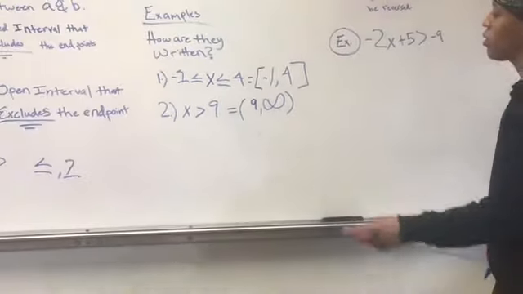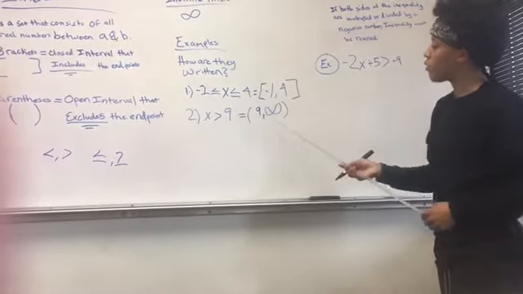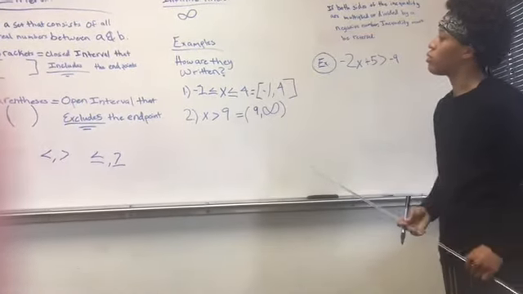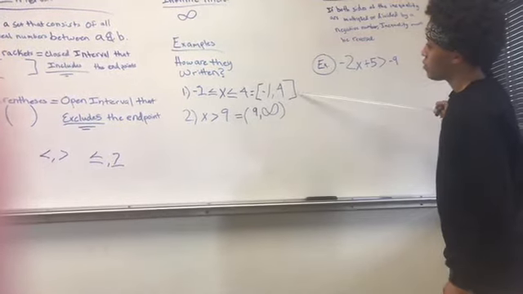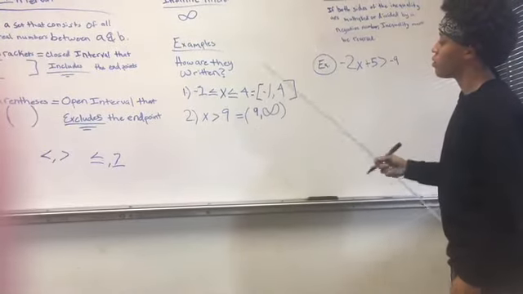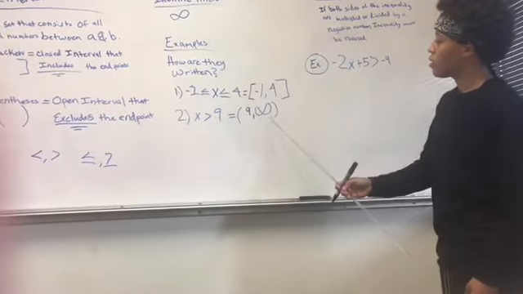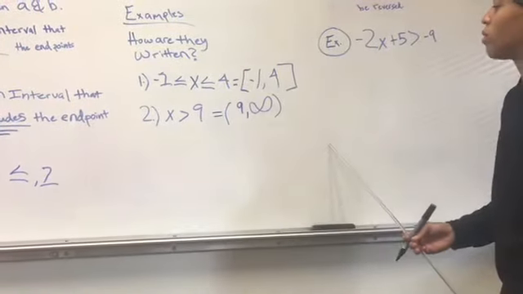Notice that we used brackets in example 1 and parentheses in example 2, because this is the closed interval and this is the open. And since infinity is forever, that is the largest number, so it goes to the right.